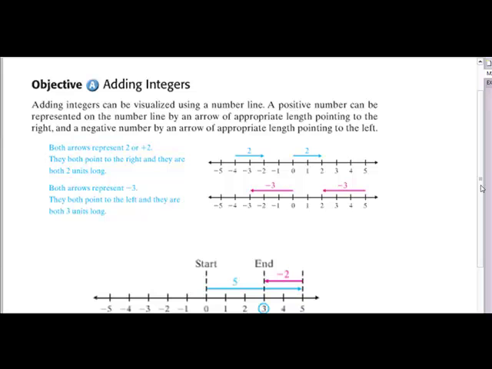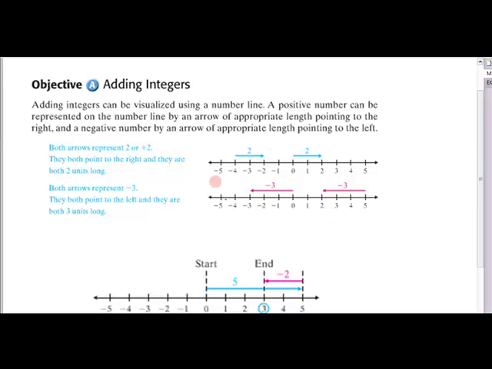Adding integers can be visualized by using a number line. A positive number can be represented on a number line of an appropriate length by an arrow pointing to the right, and a negative number by an arrow of appropriate length pointing to the left.